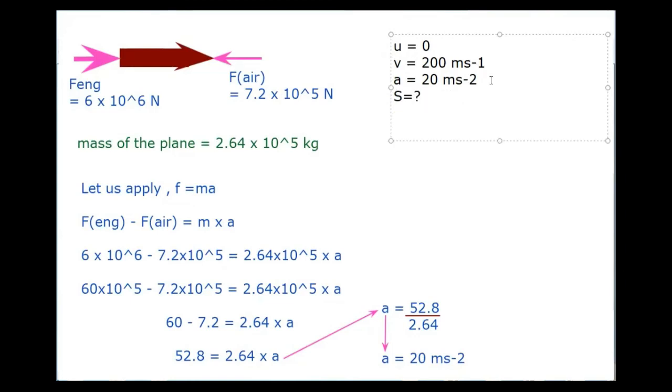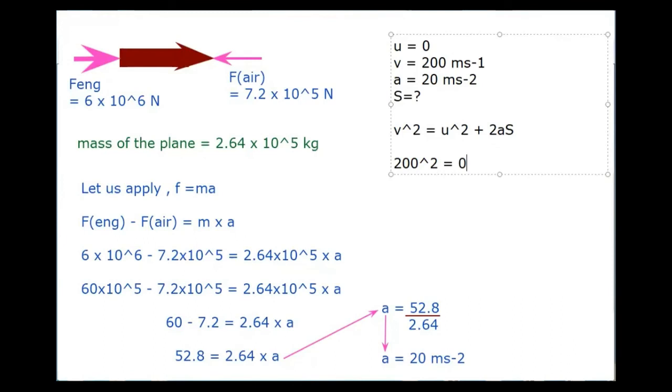Very easy. I can apply the equation, sorry, not u square, the equation v square equals u square plus 2as. So final velocity is 200, I should take the square of it.